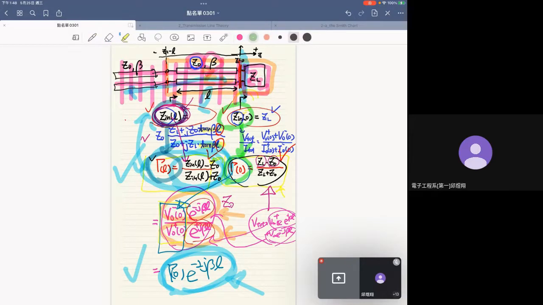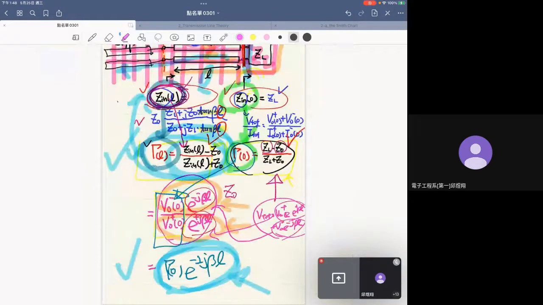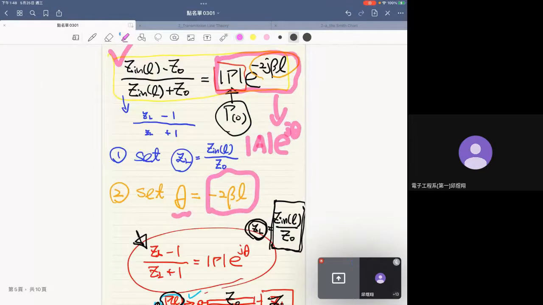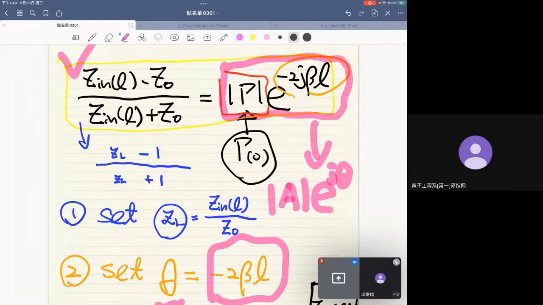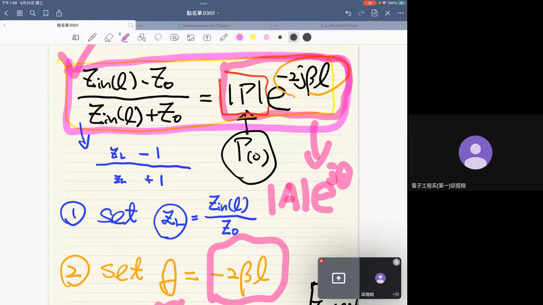Okay. So you try to have this equation. This is the equation for the Smith chart. This is for the answer in number 4 and in 2 different forms.